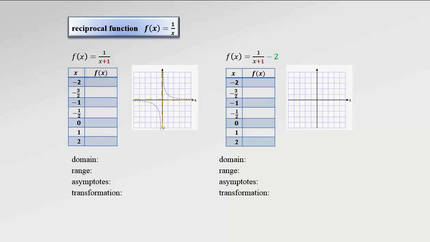So it could be a vertical line, could be a horizontal line, and later on you will find that there are some other asymptotes, could be slant asymptotes, but for now just horizontal and vertical. Asymptotes do not belong to the graph, but they kind of direct where the graph is heading.